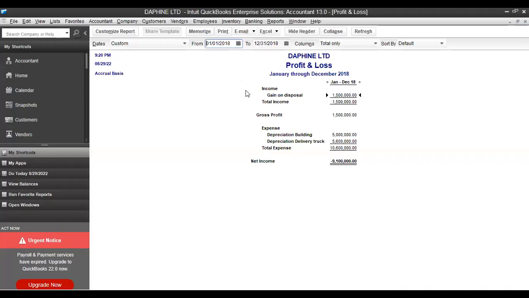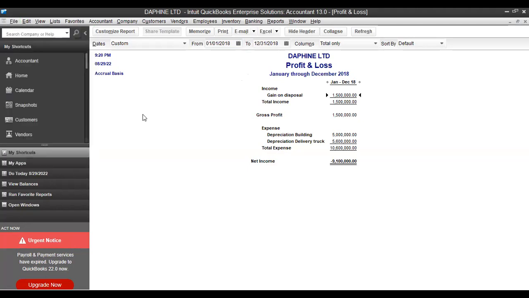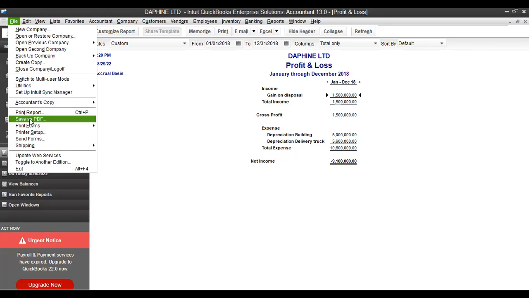So this is your report. Once you have your report showing, you come to file, then you say save as PDF.